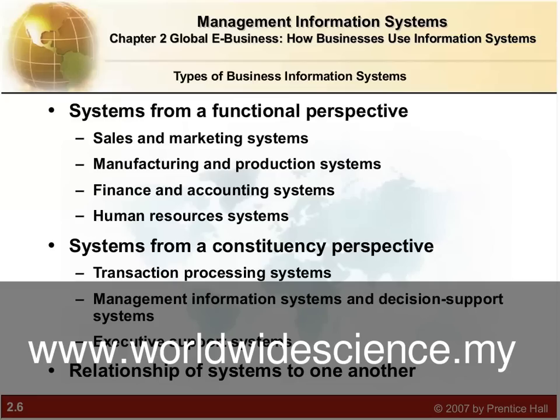We can have two important perspectives toward this system. One is functional, and the other is constituency perspective. From the functional perspective, we have systems such as sales and marketing systems, manufacturing and production system, finance and accounting system, and human resource system.